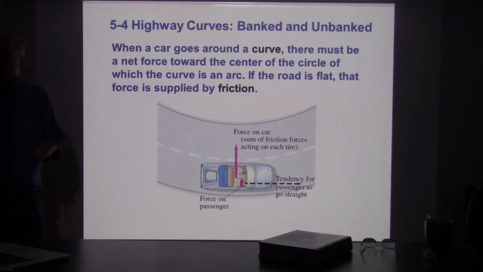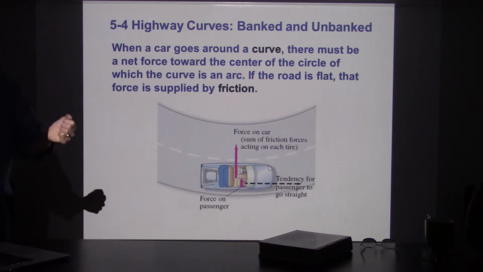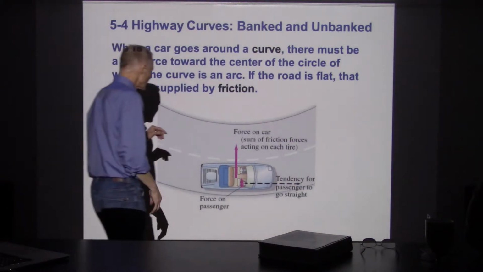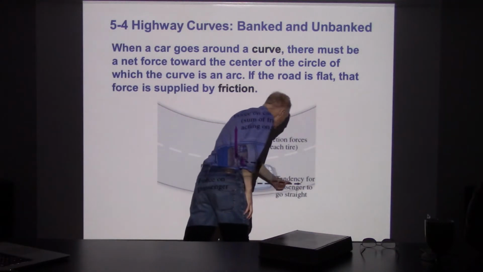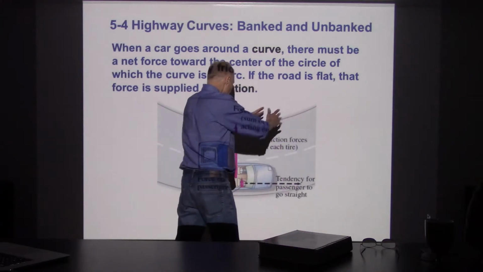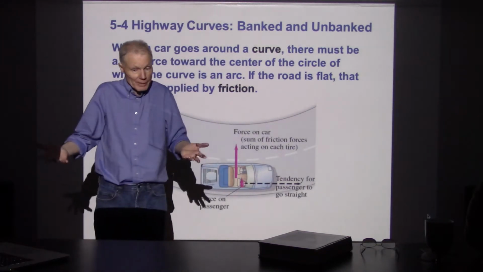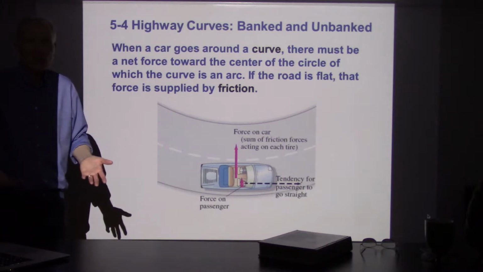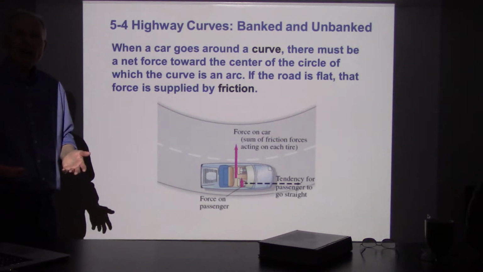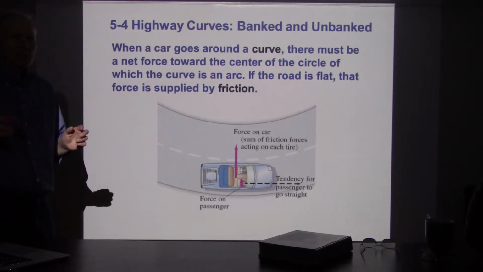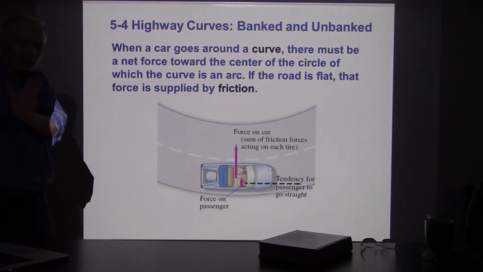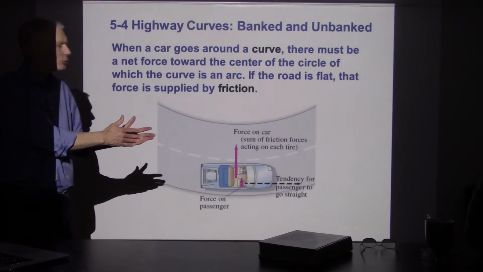But if you're in a car driving and you're not paying attention, and suddenly the car goes through a sudden curve, an acceleration, the tendency is the passenger goes straight and the car curves. There are two ways of looking at this. I'm going to say the way to think about it is the car accelerates into the passenger.